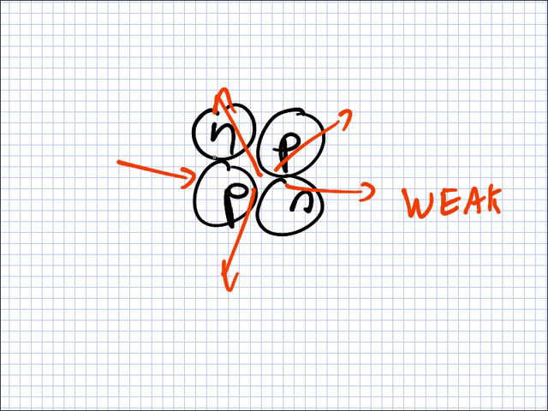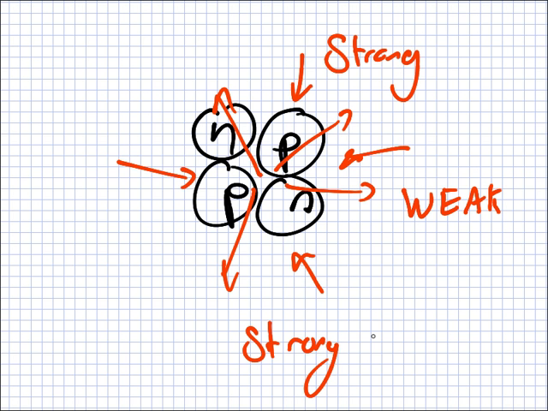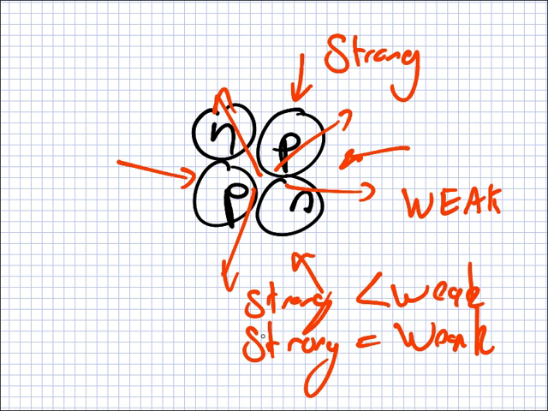Because there's another force the other way called the strong force. And if the strong equals the weak, then it's balanced. Okay? If the weak is more than the strong, what happens? We get radiation. Alpha, beta, and gamma radiation.